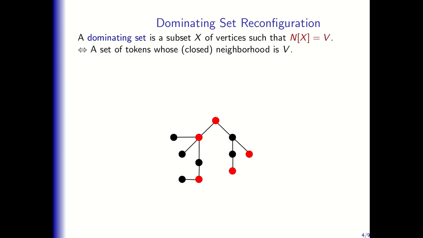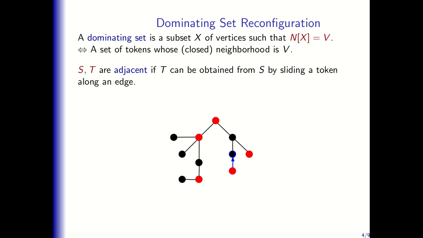And basically, for reconfiguration, it's usually simpler to consider these sets of vertices as a set of tokens. So we will imagine that a dominating set is just a set of tokens placed on vertices whose closed neighborhood is the whole set of vertices.